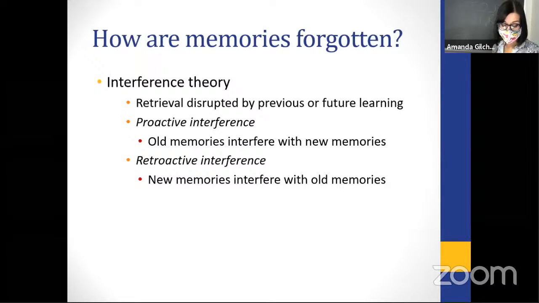So interference is basically when retrieval is disrupted by either previous or future learning. So perhaps learning new information hurts your ability to learn old information, or in other cases, old information hurts your ability to remember new information.